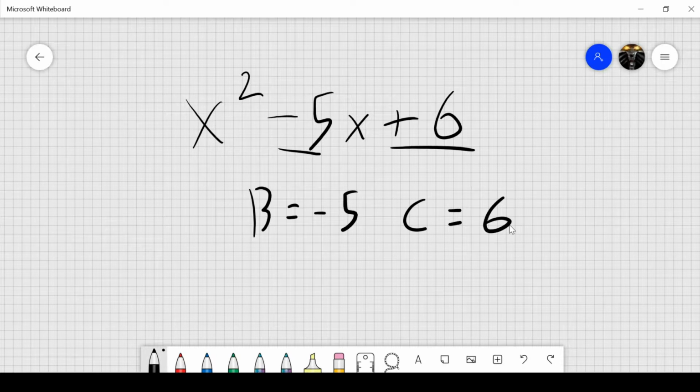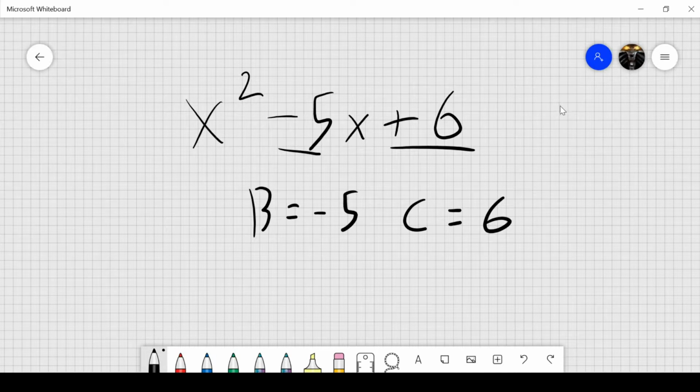Something to remember here is that when you have a negative B and a positive C, your signs are both going to be negative. Keep in mind that our factors have duplicates. They have their normal factors, which are all positive, but they also have their subfactors, which are the negative factors. We have to take that into account when we're looking at quadratics.